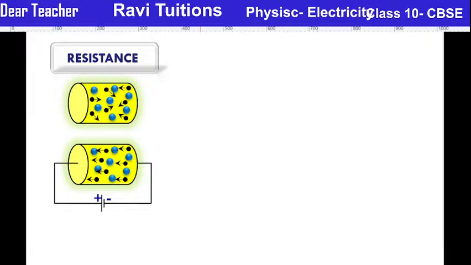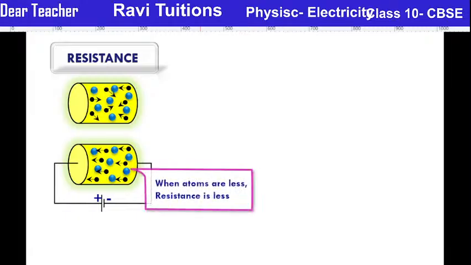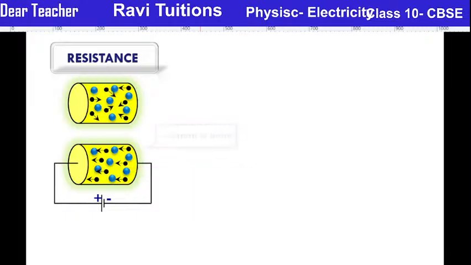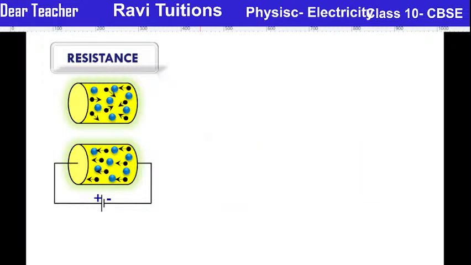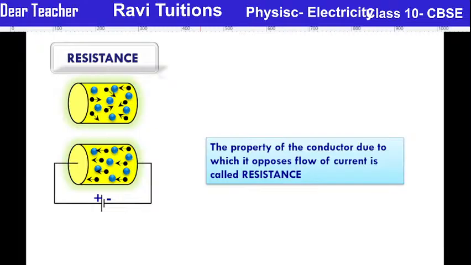When atoms are less, resistance is less and current is more. The property of the conductor due to which it opposes the flow of current is called resistance.